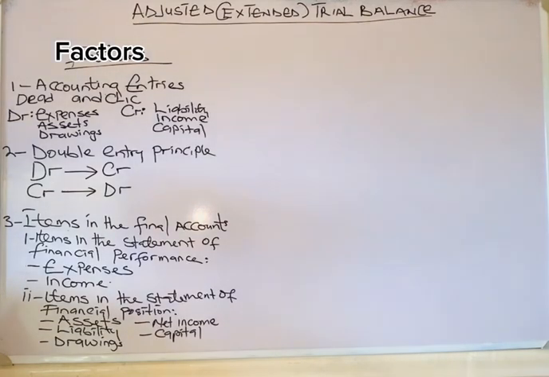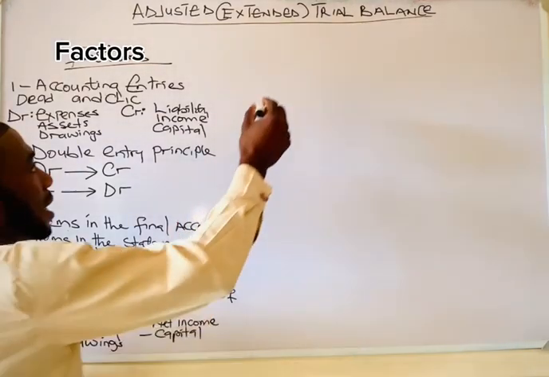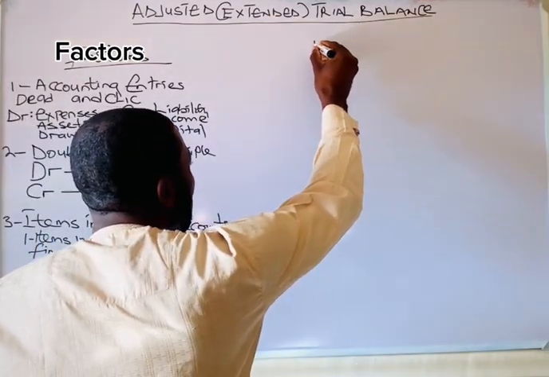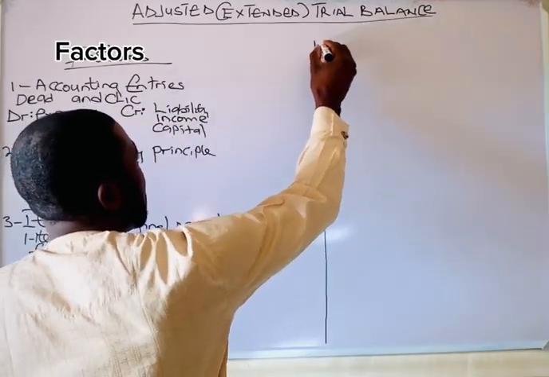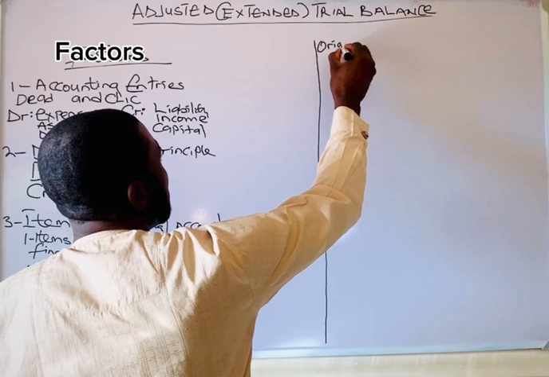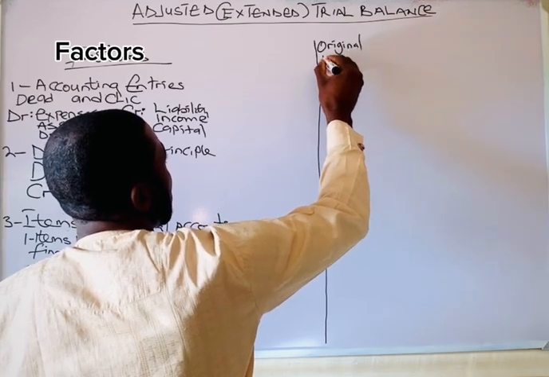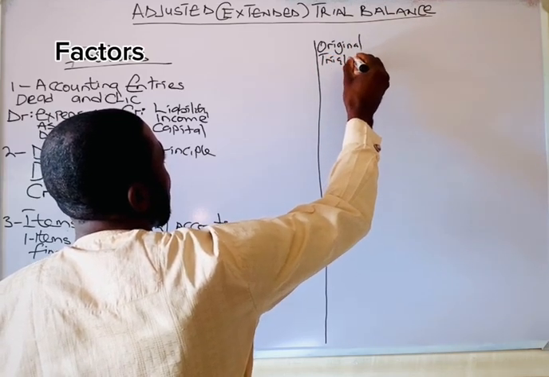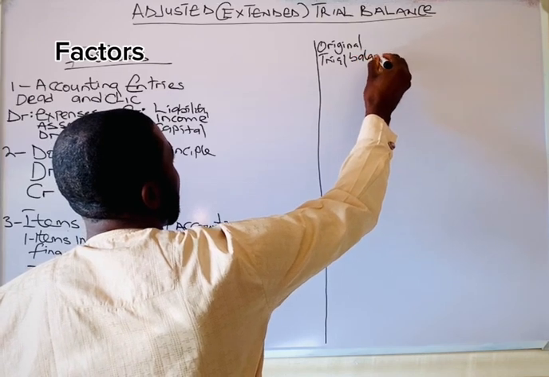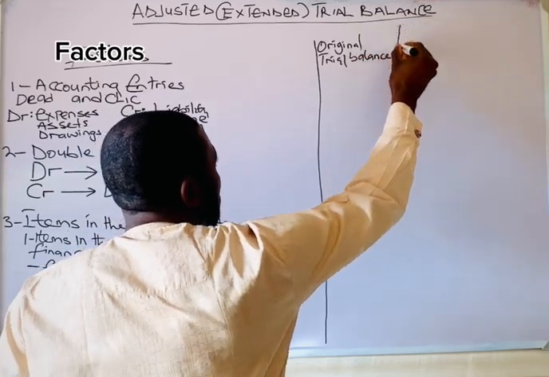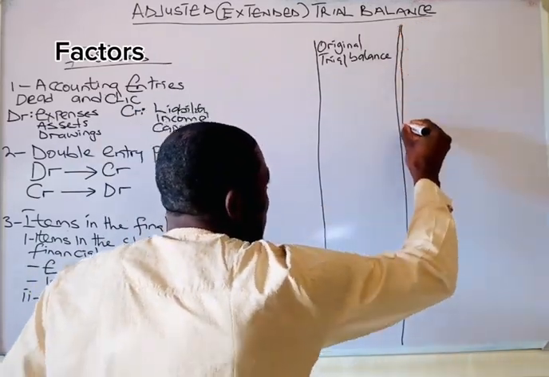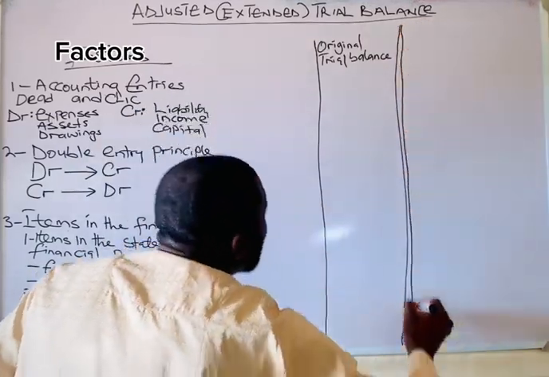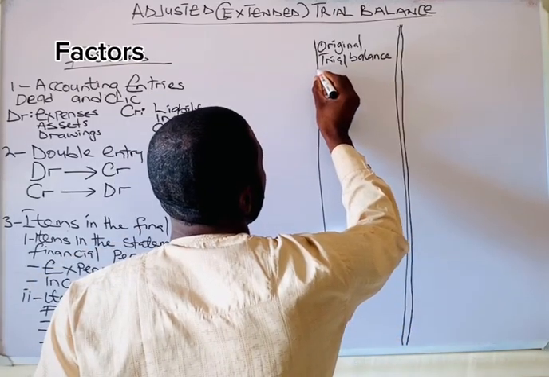Since you are adjusting the trial balance, we must have the original trial balance. The original trial balance will be there for us to be doing the adjustment. We must have a column for the original trial balance, which we'll be using to adjust our trial balance.